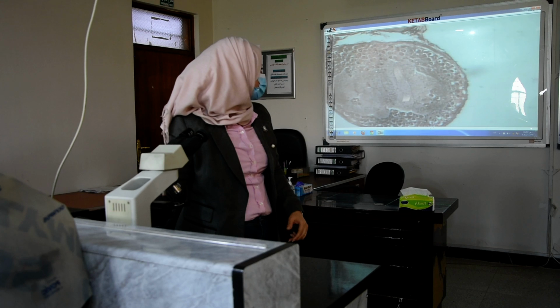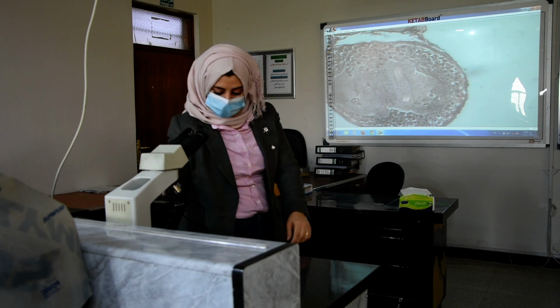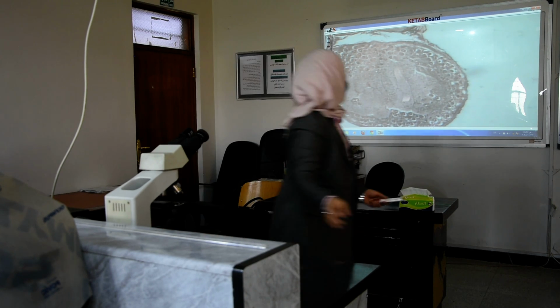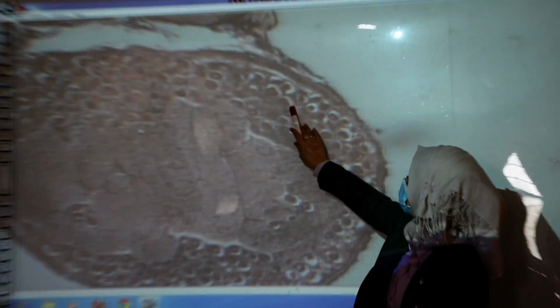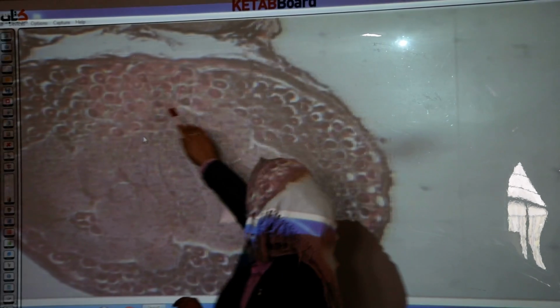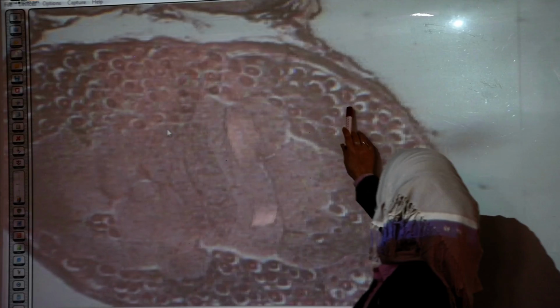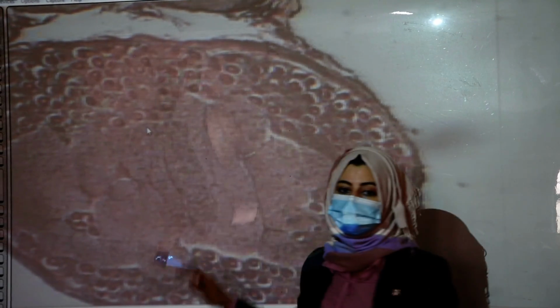It's a gorgeous slide. It's an aggregation of neuron cell bodies only. All these are neuron cell bodies surrounded by satellite cells and Schwann cells.